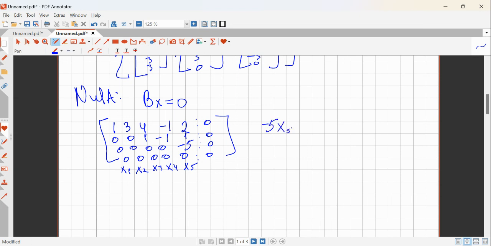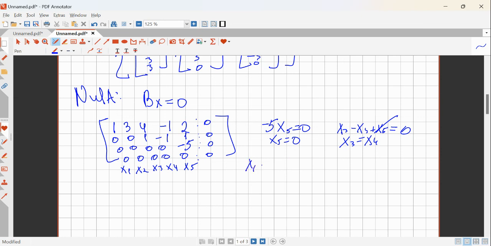Minus 5 x5 equals 0, so x5 is 0. Then x3 minus x4 plus x5 equals 0. Since x5 is 0, we can eliminate it, so x3 equals x4.